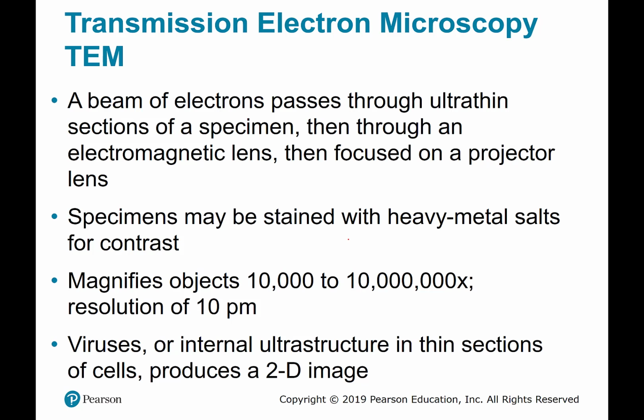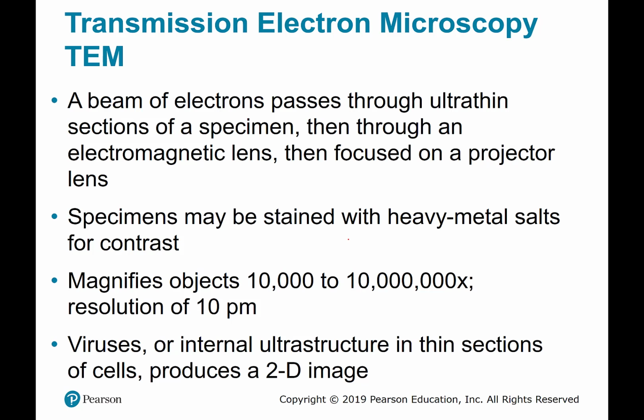With your transmission electron microscopes, you have a resolving power of 10 picometers. So that's even higher resolving power than the 2 nanometers that I mentioned. And you can magnify objects from 10,000 to 10 million times.